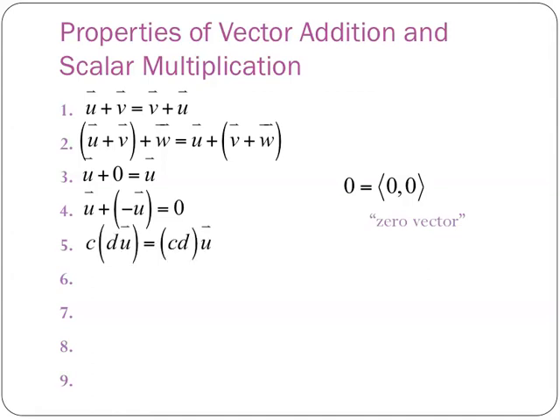If you have c times d times a vector u, you can either multiply d times the vector first and then multiply c times that, or you can multiply the two scalars together first, c times d, before multiplying it by the vector u.